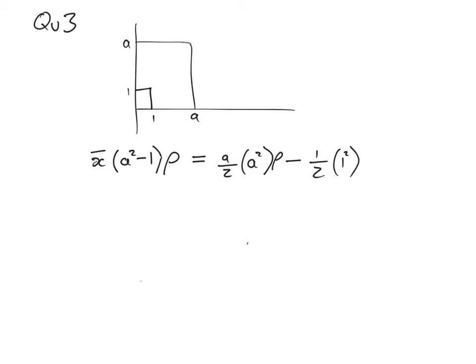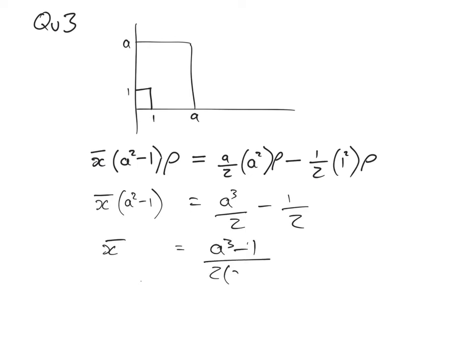And there's a rho in there and the rho in there. So we get rid of all the rhos, and x bar times A squared minus 1 equals A cubed over 2 minus a half. So x bar equals A cubed minus 1 over 2 times A squared minus 1.